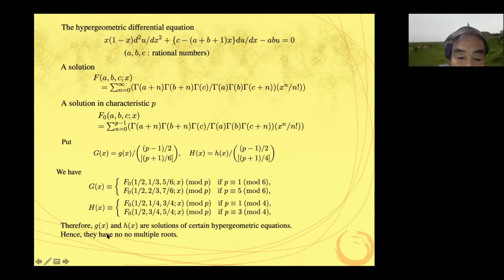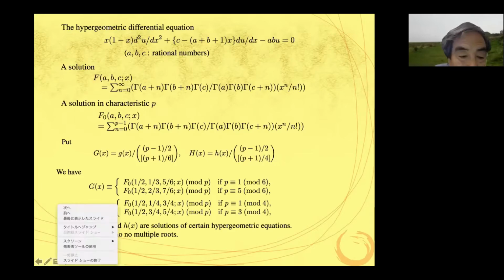And using this, we can show this G and H have no multiple roots. So we can count the number of superspecial curves in these cases. This is a method given by Igusa long ago to calculate supersingular elliptic curves, but such a technique also works for the genus 2 case, in this case.